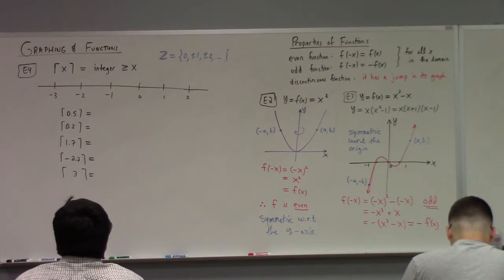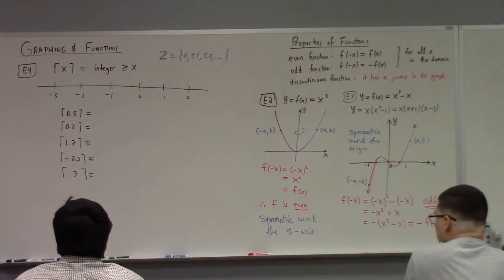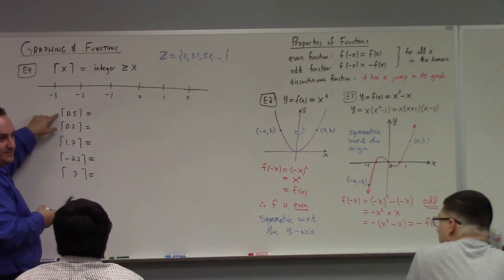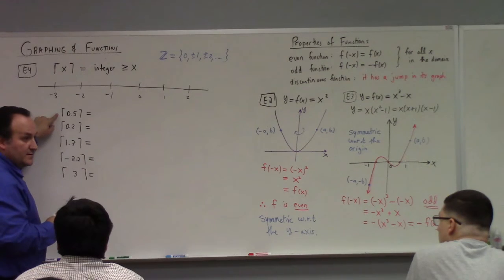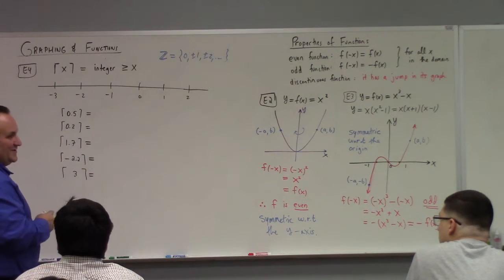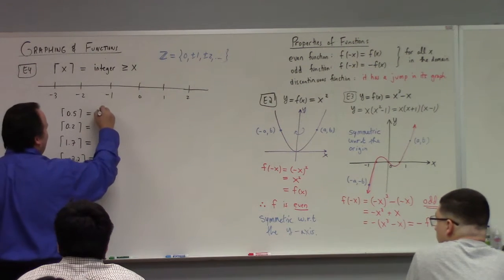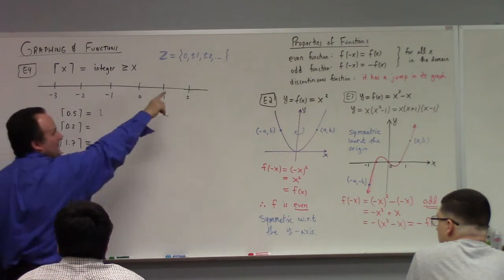So counting numbers and their negatives, also 0, yeah? So the ceiling of 0.5 is what? No, it's an integer, not a pair of integers. You've got to pick one. You can't give me plus or minus 1. 1.